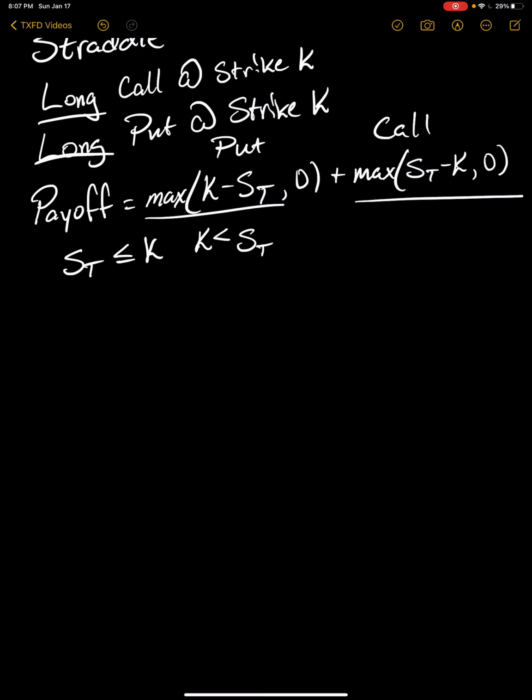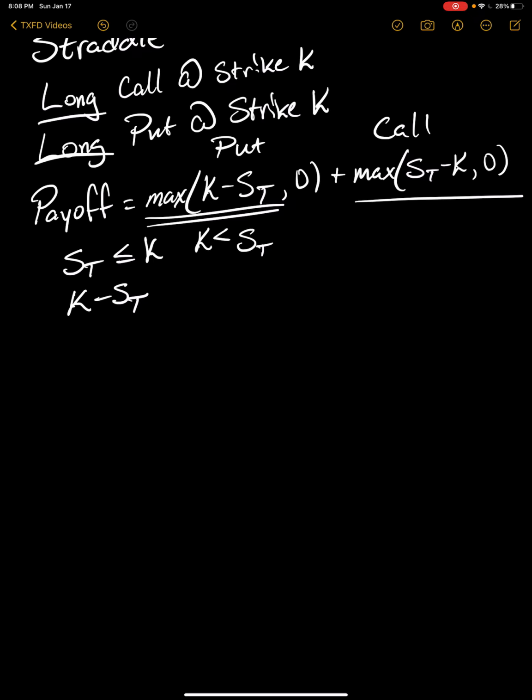When it's exactly equal, of course, the payoff's zero, and so we're just going to touch the axis on our payoff diagram there. But the put's going to take over, because K is greater than the stock price, so the call is going to be worthless. And so we're going to have a payoff of the strike minus the stock price.